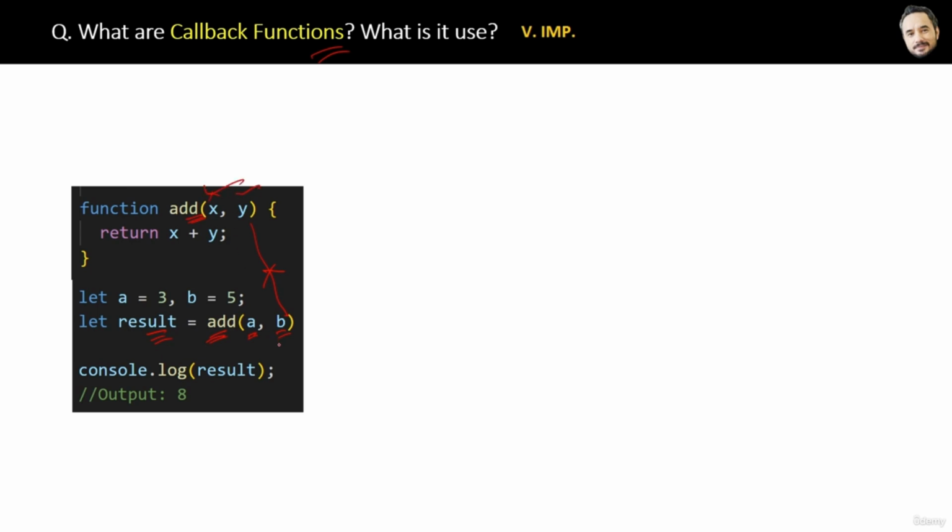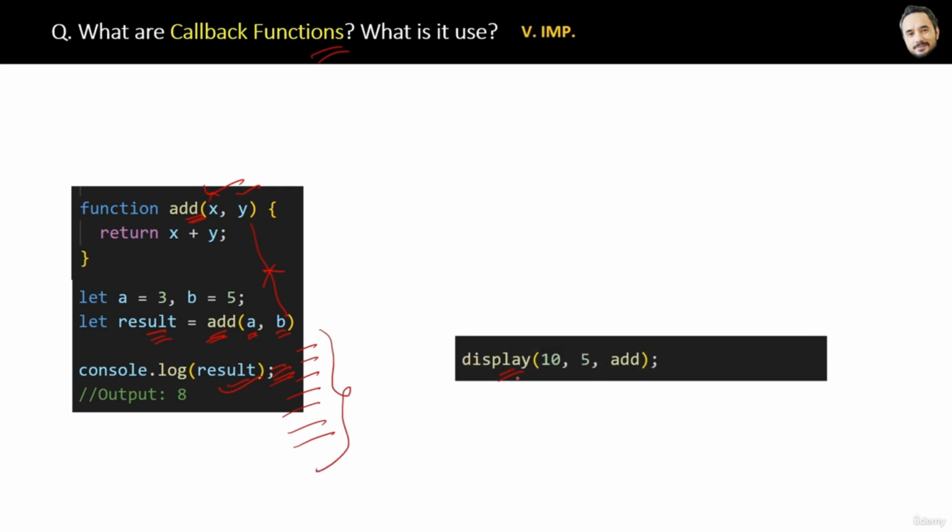At the end, we are logging and displaying the result. But in a real application, instead of this one line console log statement, we can have many lines of code to display the result, right? Then better we put all those lines of code in a single method display like this and call it like this.